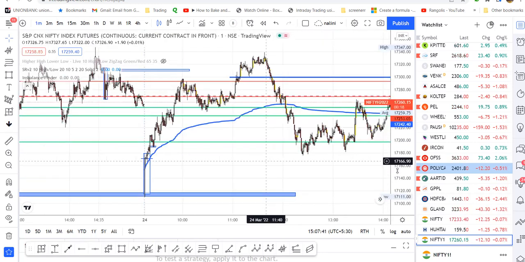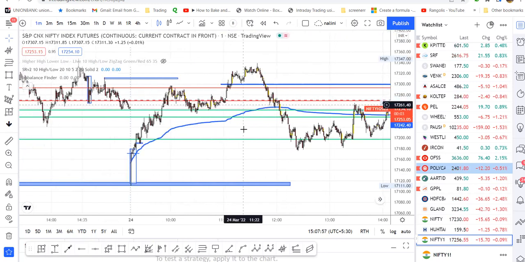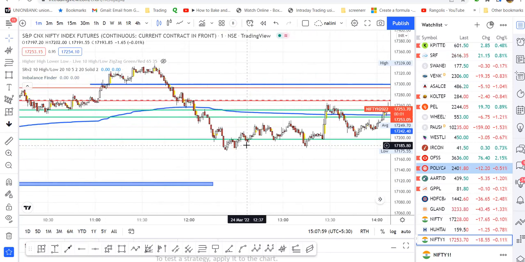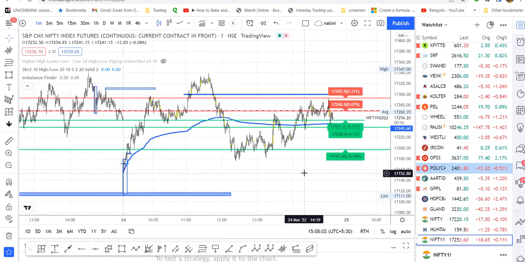I wish you people to learn about imbalances and also gaps, fair value gaps, and also order flow, and break of structure. If you know all these things, you can trade successfully. That's it, friends.